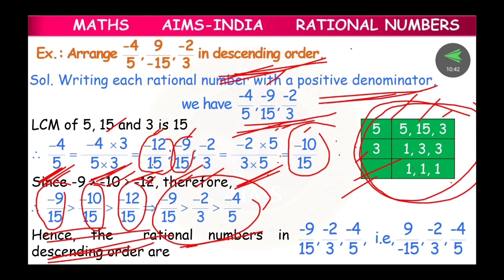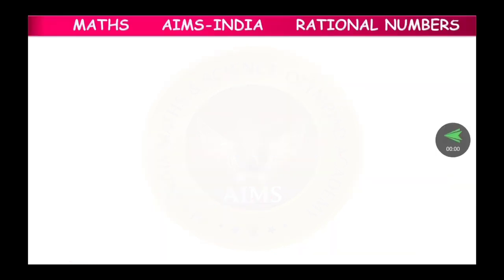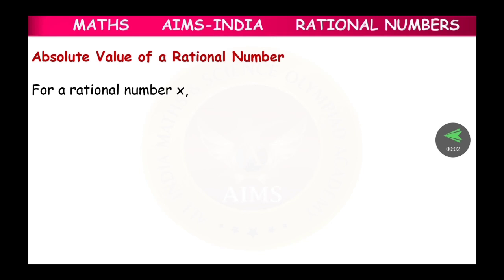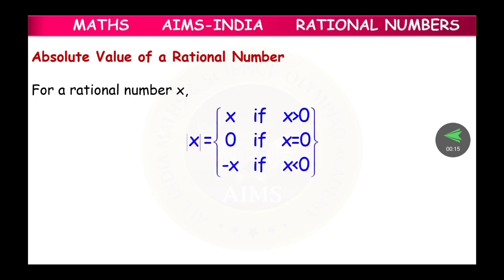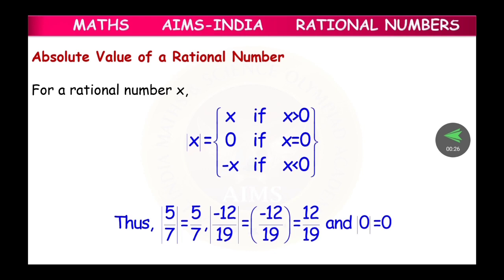Okay. Next. Okay, children. Let's see another concept of rational numbers, which is the absolute value of a rational number. For a rational number x, it may be greater than 0, equal to 0, or less than 0, but the absolute value is always non-negative.